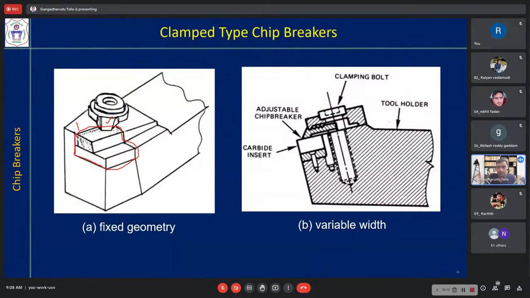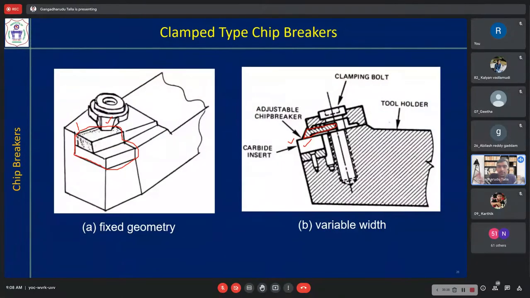So here you see, this is the insert, a carbide insert in this case. On top of that, you are keeping a chip breaker. You are clamping that with some mechanism, a clamping bolt is there.